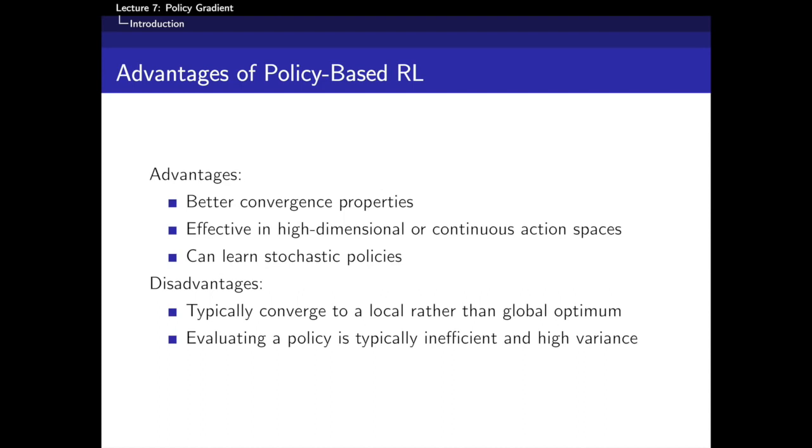Another big one is that these methods are effective in continuous action spaces or high-dimensional action spaces. With a value-based method, you have to work out how to compute the max. I would say this is probably the number one reason to use policy gradient methods: they circumvent the requirement to have this max. If we're doing something like Q-learning, or indeed something like SARSA, there's always a maximization.